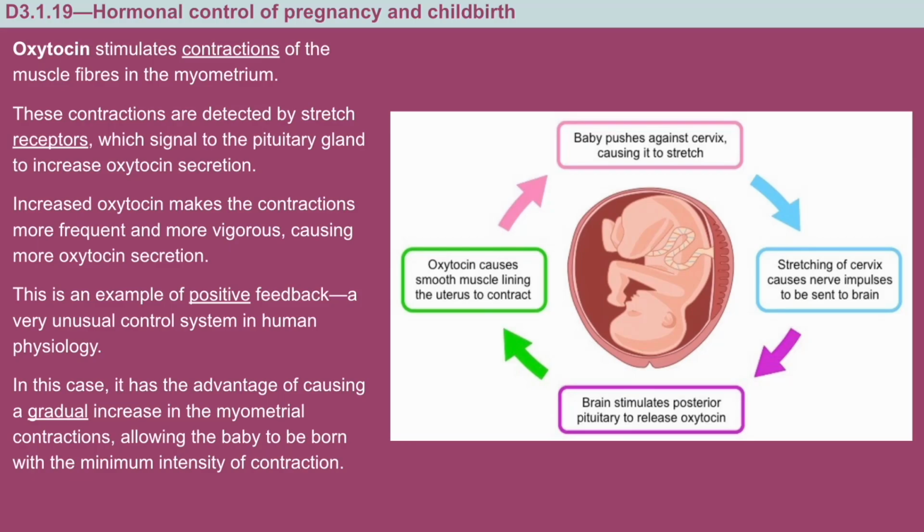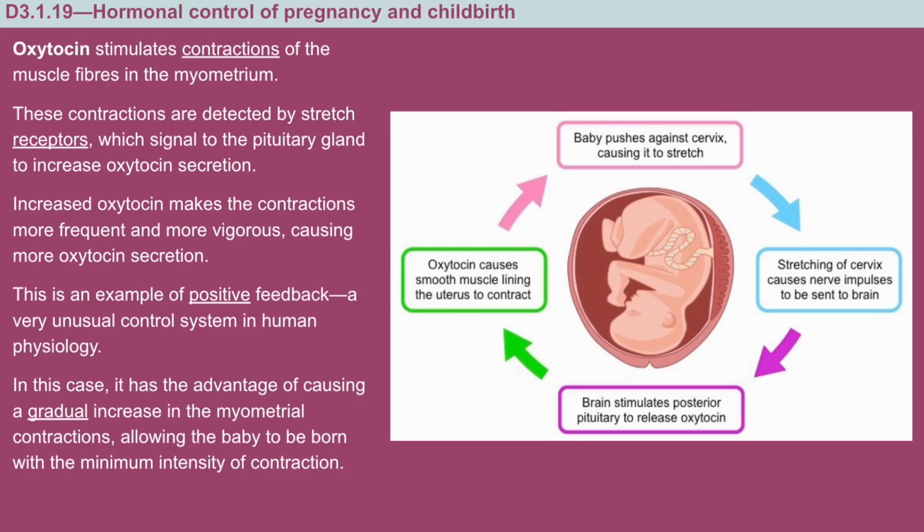These contractions are then detected by stretch receptors. Those then signal back to the pituitary to increase oxytocin secretion. By increasing oxytocin, those contractions become more frequent, more vigorous. This is our classic example of positive feedback. Oxytocin stimulates stretch receptors.